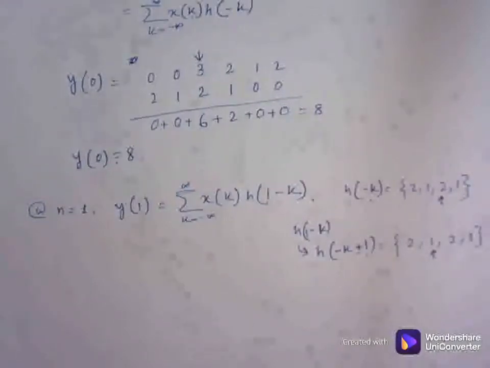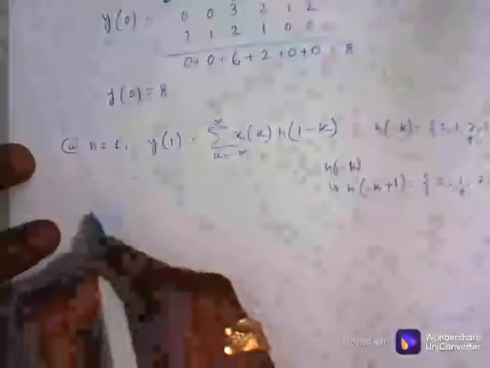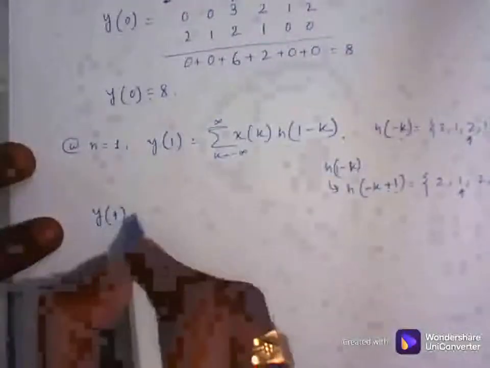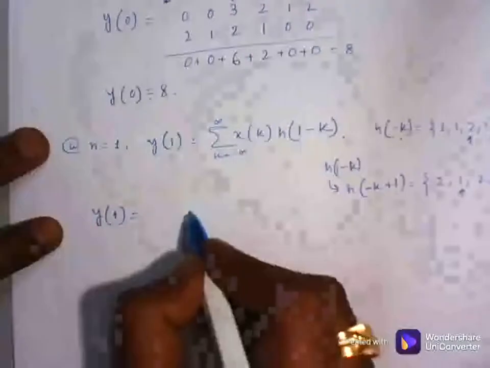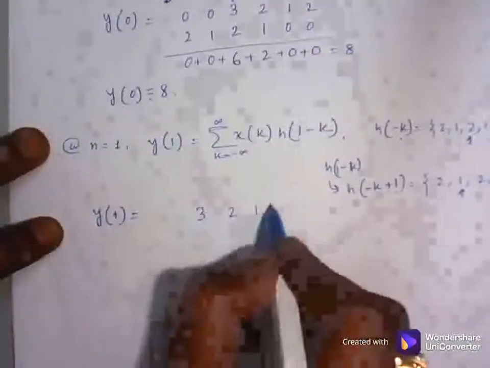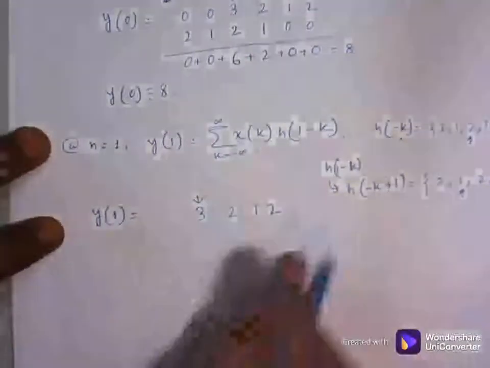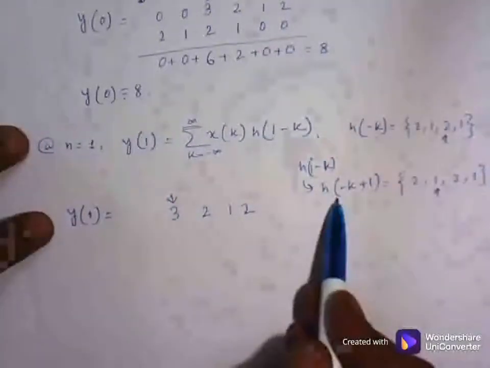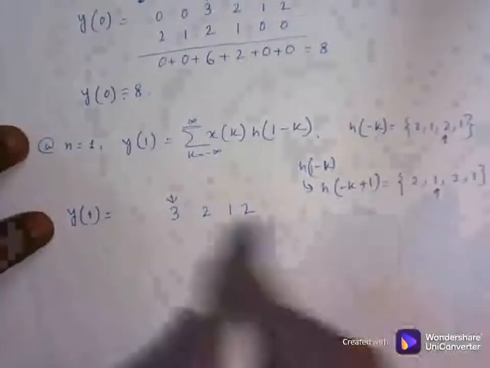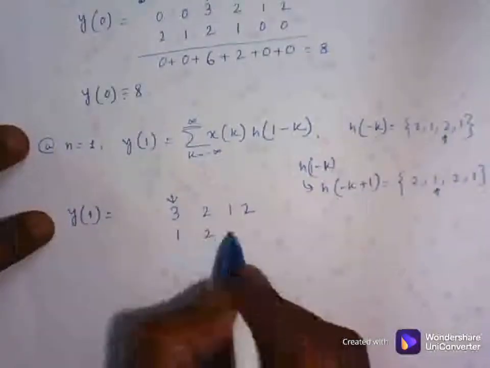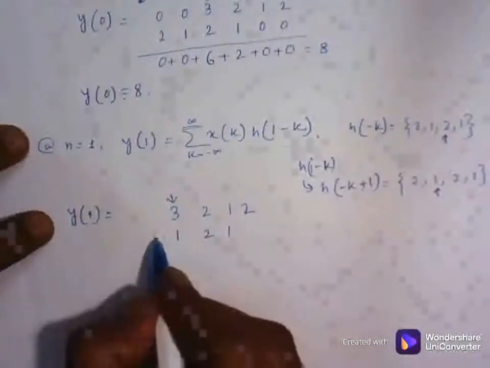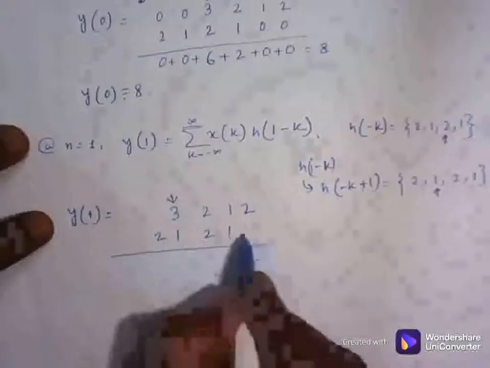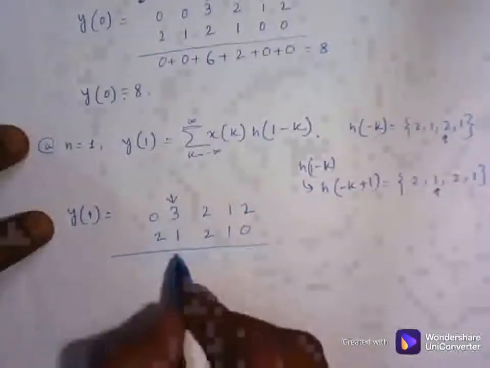Okay, so now multiply. y of 1 equal to x of 1 is 3 2 1 2, this is the initial position, and h of minus 1 minus k is 1 2 1 2.